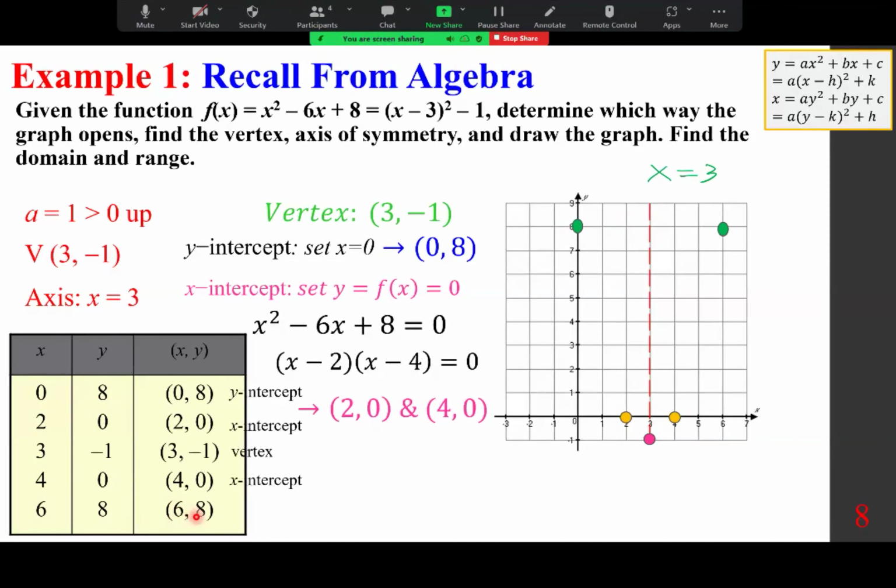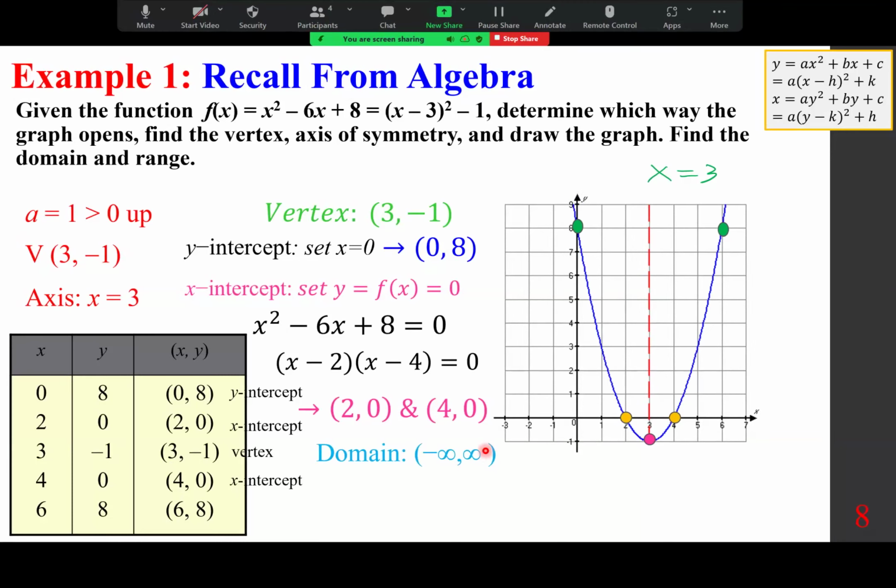In other words, if you pick a point here, then corresponding to that, using the vertical axis of symmetry, you can figure out more points. And of course, if you graph it, it looks like that. For any parabola that opens up or down, the domain is all real numbers. But the range, it depends.